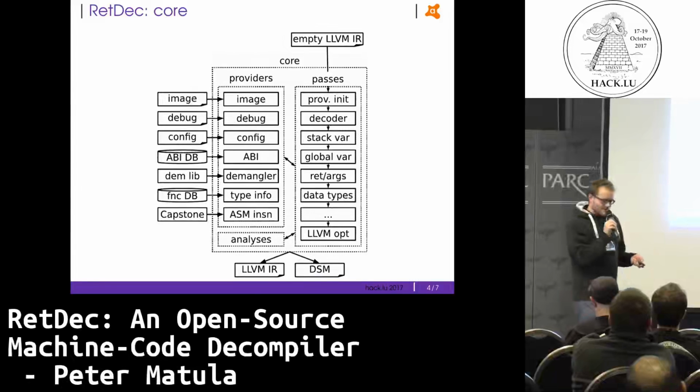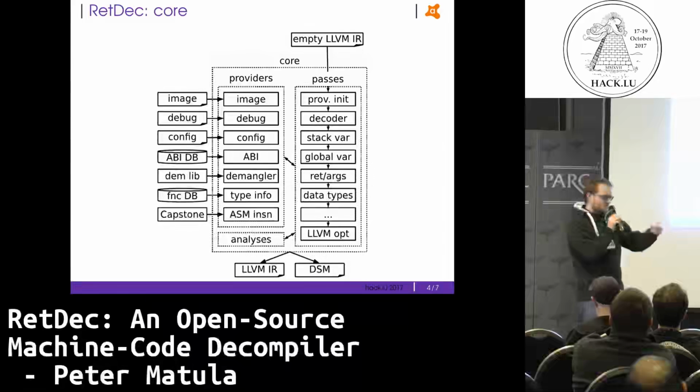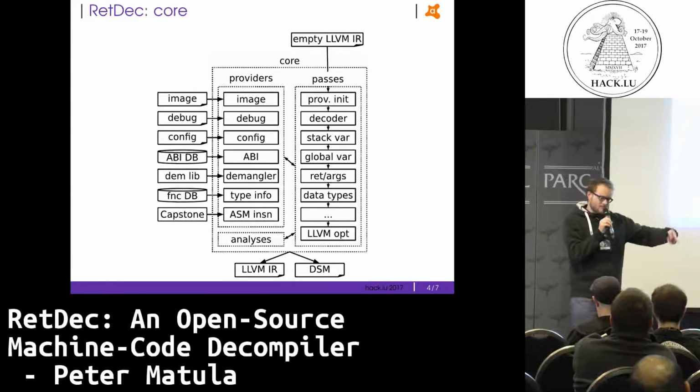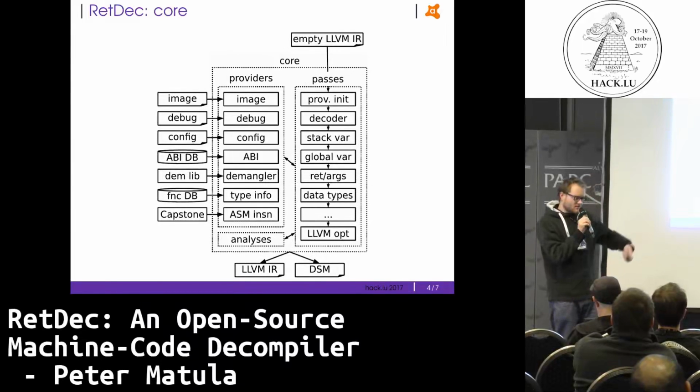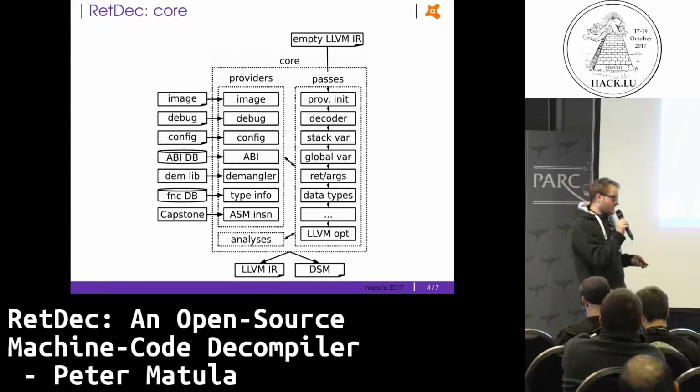This is the structure of it. If you were using a Clang compiler, it would be somewhere here. Clang would take C and produce LLVM, and then it would be optimized and output, and we go the other way.